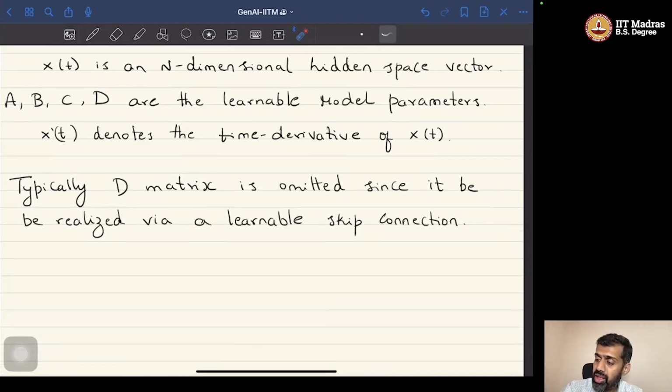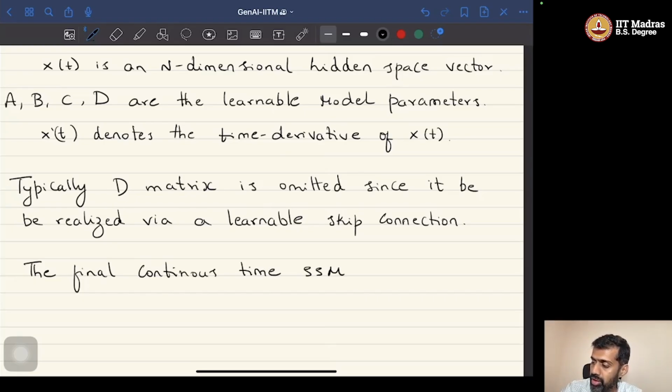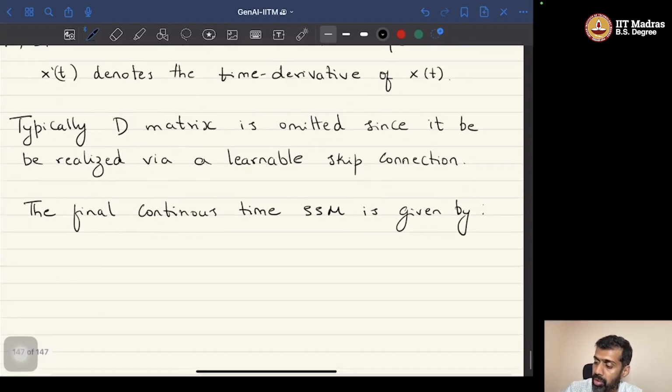Okay, now with this, the final continuous time SSM, state space model, is given by: we have x dash of t is a times xt plus b times ut, and we have yt equal to c times xt.